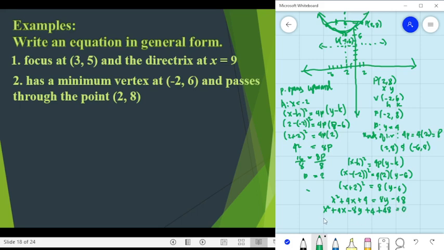Okay, simplifying further to get the final equation, we now have x squared plus 4x minus 8y plus 52 is equal to 0. Okay, so that is the answer to example number 2.